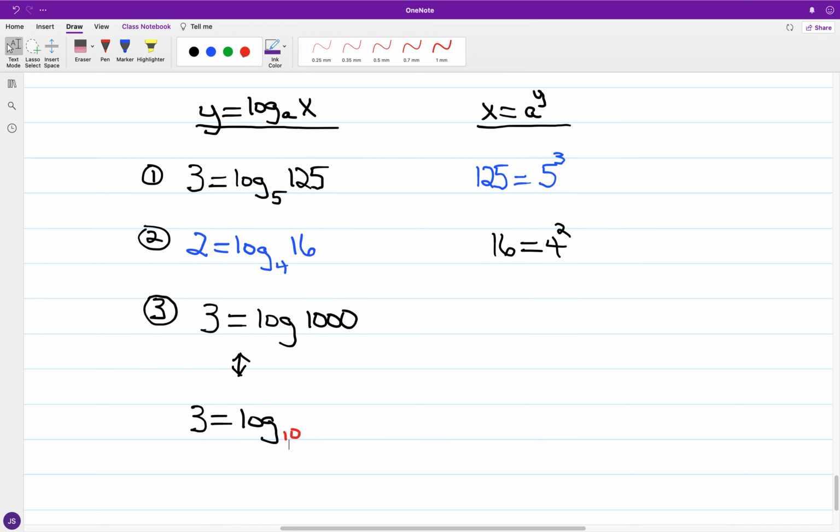So 3 is going to be the base 10 logarithm of 1,000, and then just translating this out to the exponential equivalent. Okay, so your x is 1,000. And for a to the y, your a is going to be 10, and to the y, that is going to be 3. So 1,000 is equal to 10 raised to the third power.